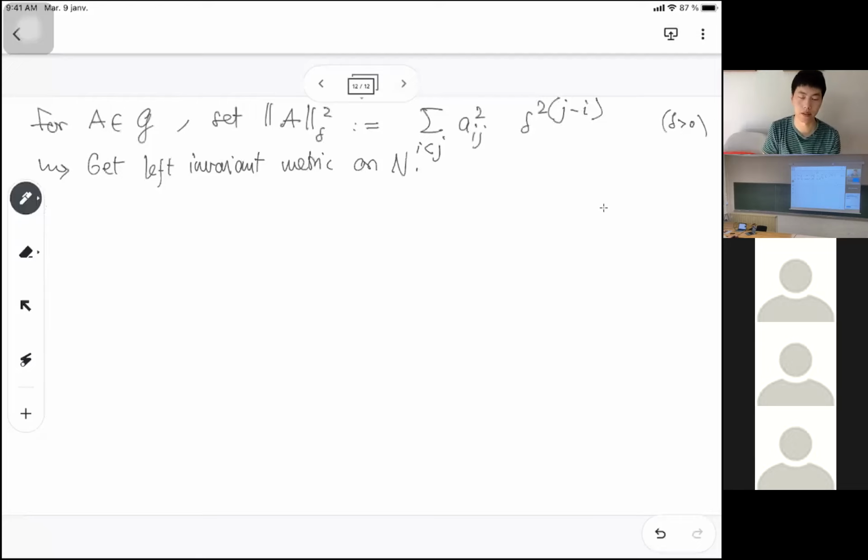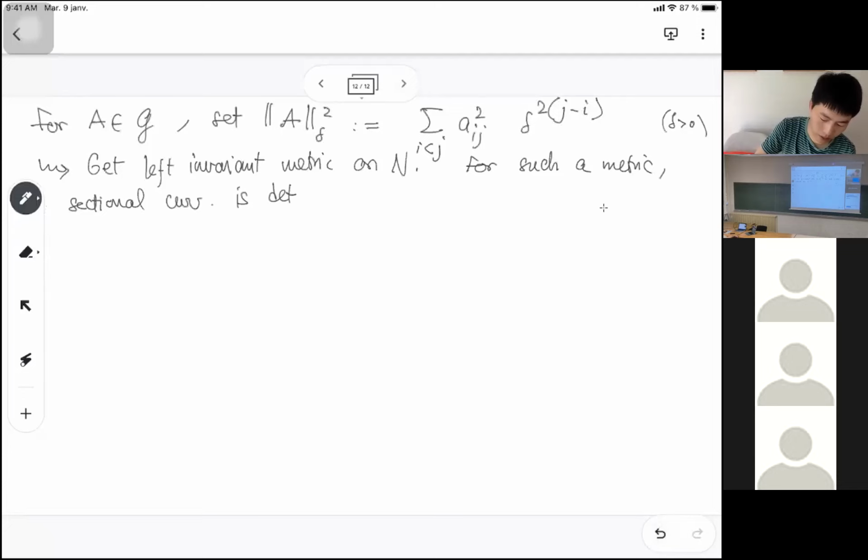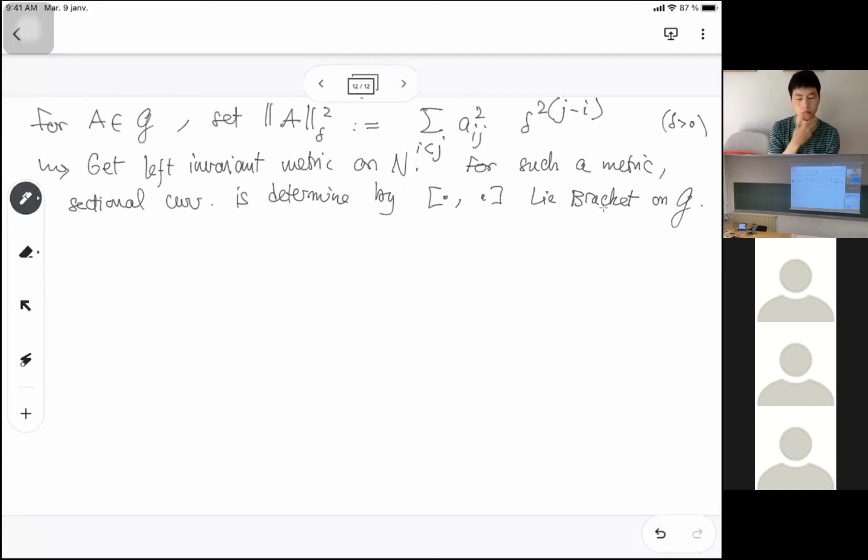For such a left invariant metric, the sectional curvature is determined by the Lie bracket, meaning if you can compute the Lie bracket, then I can give you an expression for the sectional curvature.